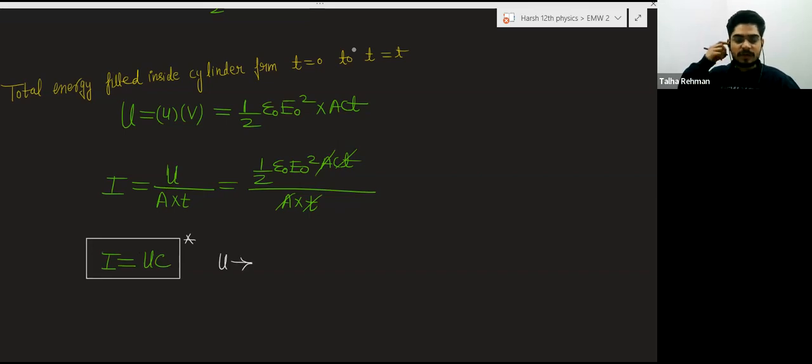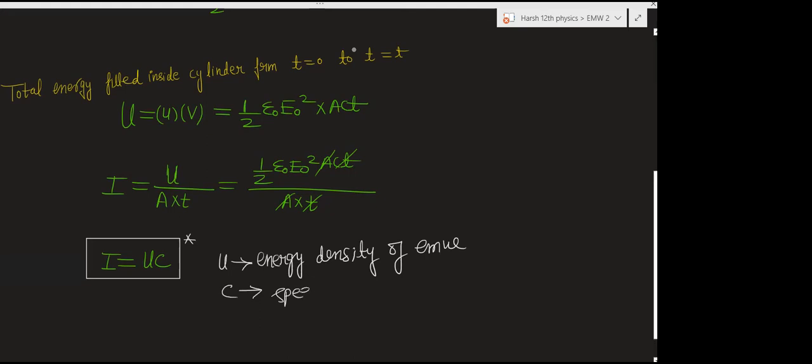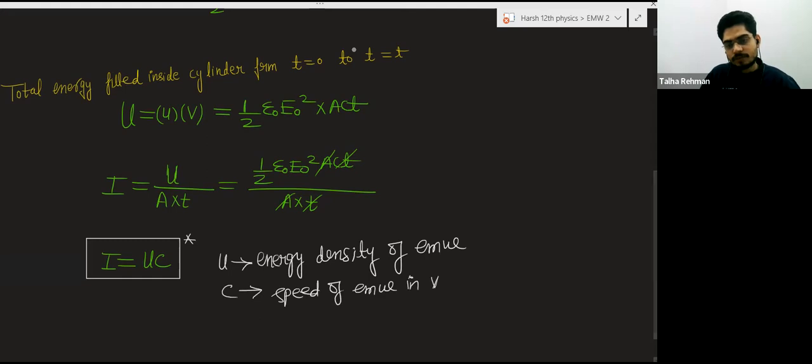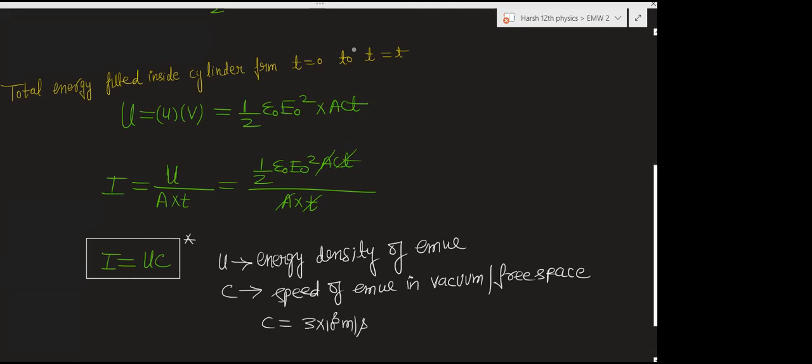What is u here? u is the energy density of the electromagnetic wave. What is c? c is the speed of the electromagnetic wave in vacuum, or free space, and c is given by 3 into 10 to the power 8 meter per second.